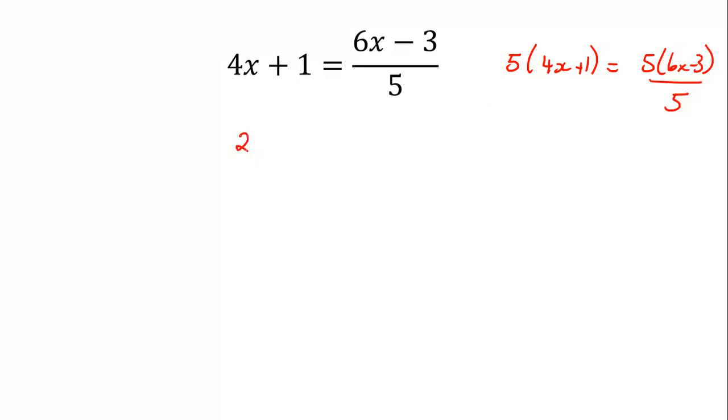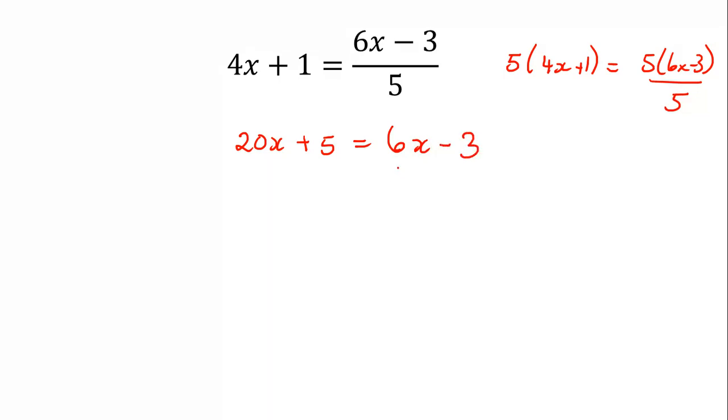So I'm going to end up with 20x plus 5. Writing out the bracket will force you to remember to multiply the 1 by 5, you might forget. So it's going to be 20x plus 5 equals 6x minus 3.